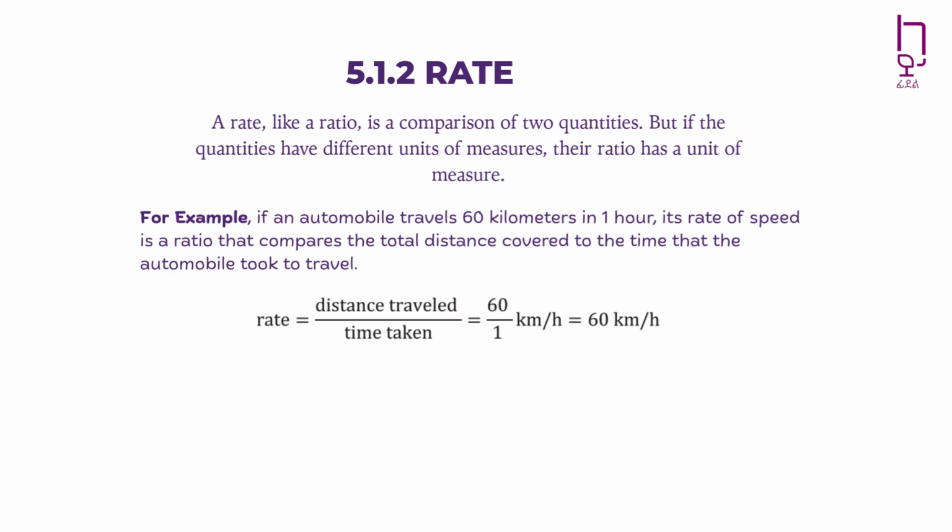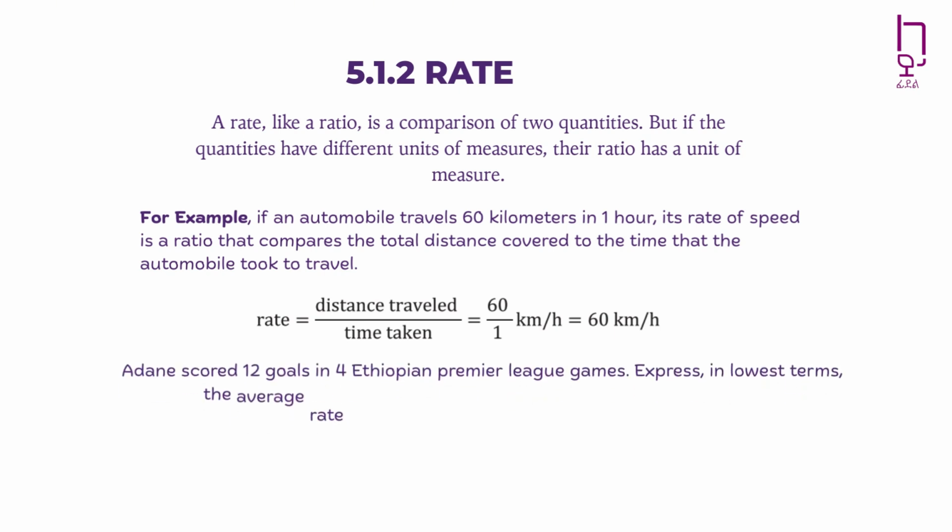So rate is also an example of ratio, because remember ratio, like we get them by dividing 2 or more quantities, right? So in this case, we are dividing distance by time. So it's an example of ratio. Okay, so let's do one example for rates. Example 1 says Adana scores 12 goals in 4 Ethiopian Premier League games.